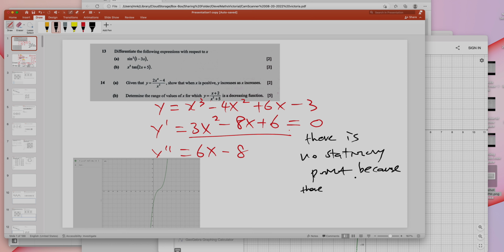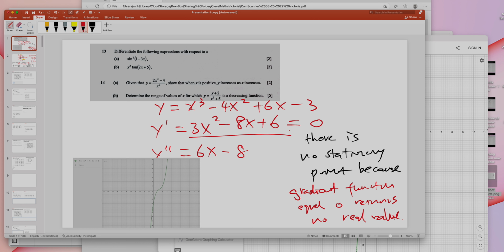The gradient function equal to 0 returns no real value. It's like you want to have a stationary point, but they don't give you a value.